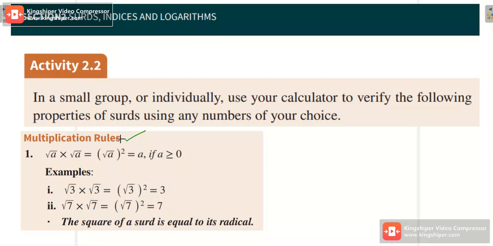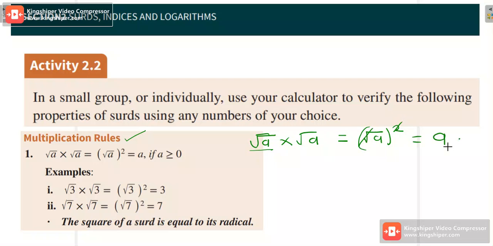The multiplication rule of sets states that if you take the set of any number and multiply it by itself, the answer should just be the square of it. So that is going to be root of a, squared. And always the square root and the square are inverses, and the two can cancel out. So the square root can always cancel the square, and the result is a.